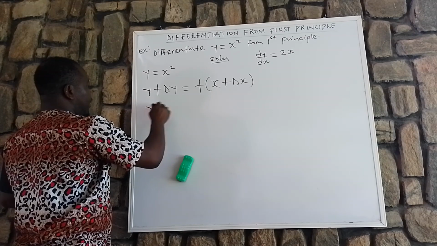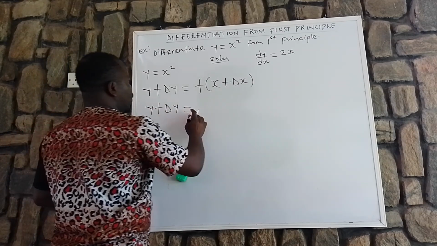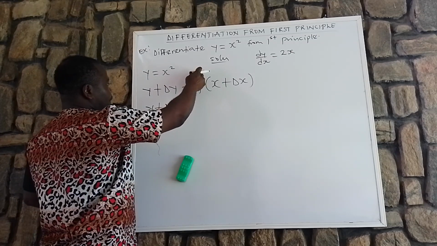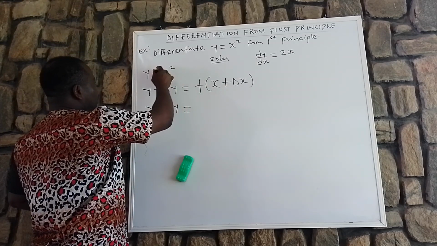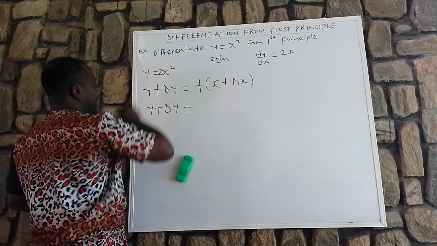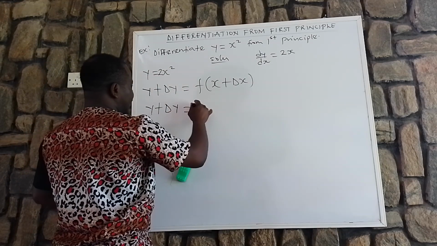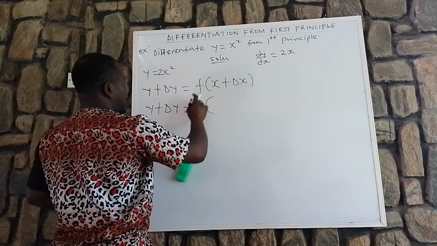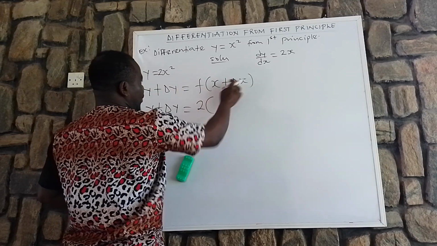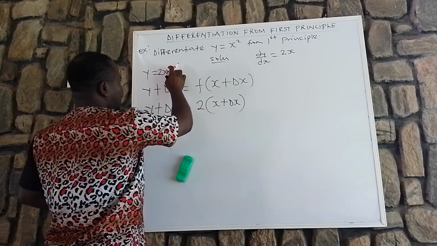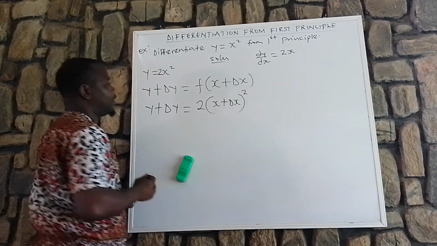Our y plus dy is equal to, since I told you that this f is now invisible, but supposing here is 2x, we would have written it this way, 2 all in brackets. Since this x means x plus dx, note that it is squared, raised to the power of 2.